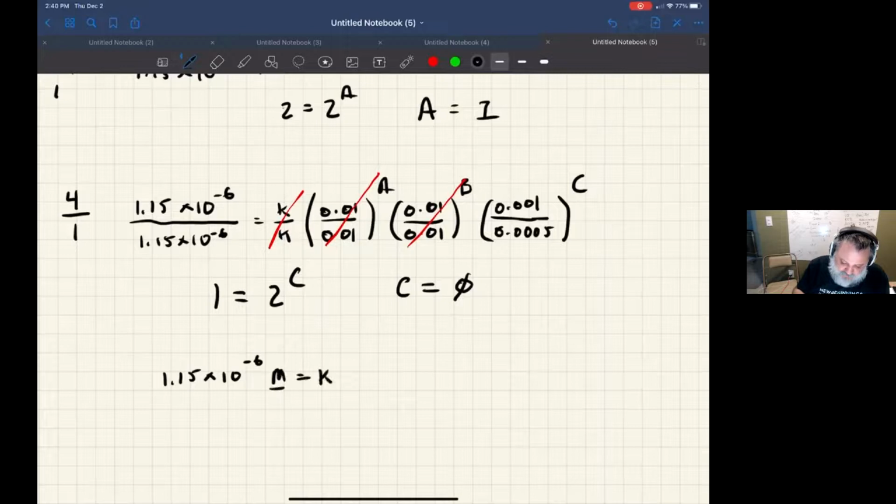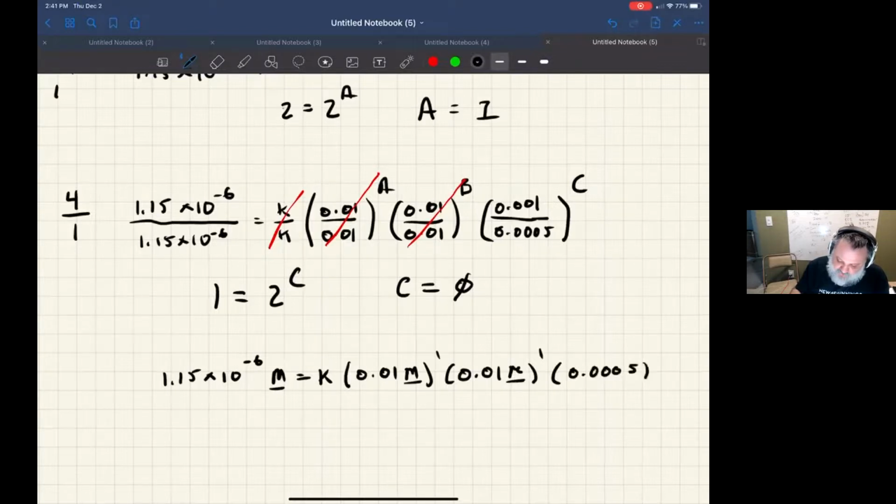I got K times 0.01 molarity to the first power times 0.01 molarity to the first power times 0.0005 molarity to the 0 power. Remember, this all just goes to 1. And so what do I get? I get K equals 0.0115, and it's molarity over molarities times seconds.